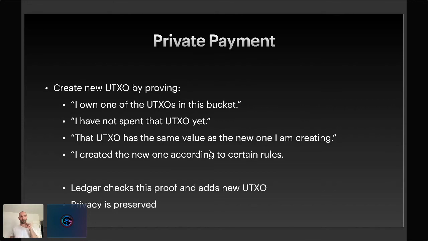It's these 4 bullet points that I have here. Think of these as one statement, right? So what you prove is I own one of the UTXOs in this bucket. I have not spent that UTXO yet. That UTXO has the same value as the new one I'm creating.